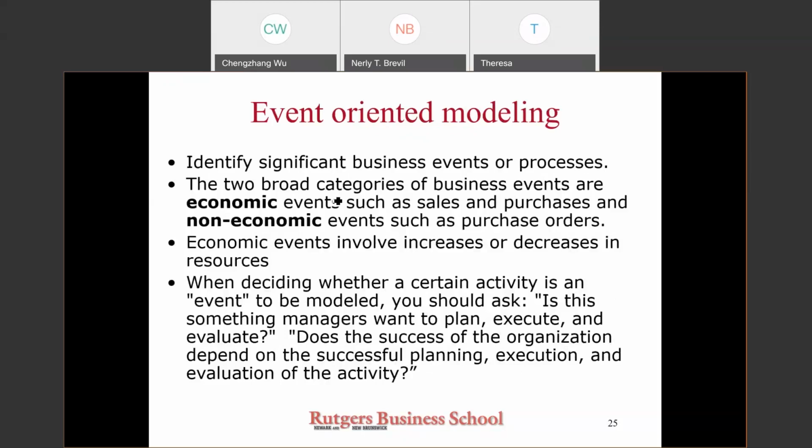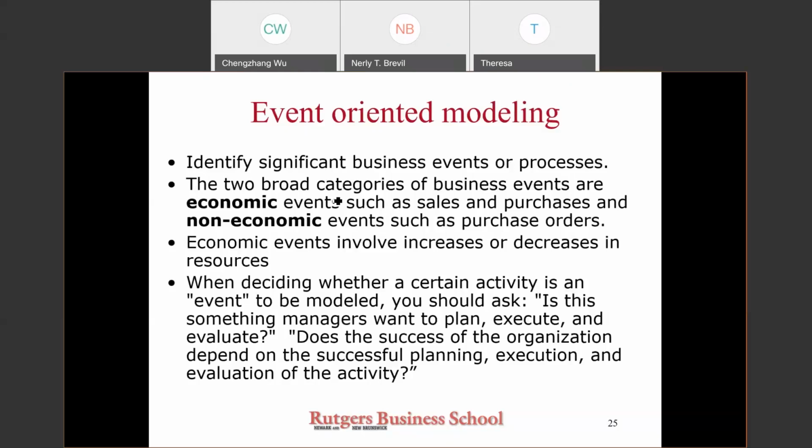The first and the most critical step is to identify the significant business events or processes. What constitutes a significant business event? Well, significant business events are those business activities that management wants to plan, execute, and evaluate.